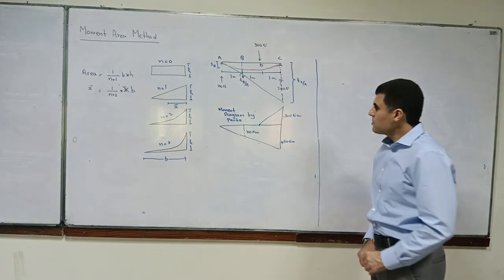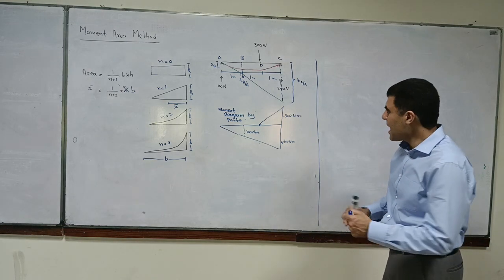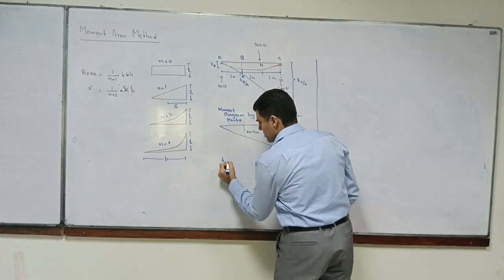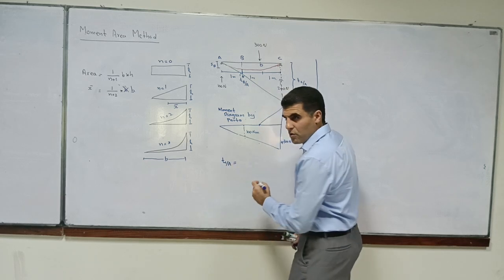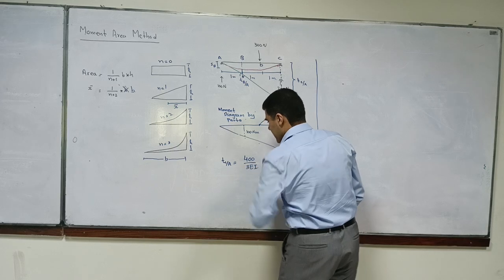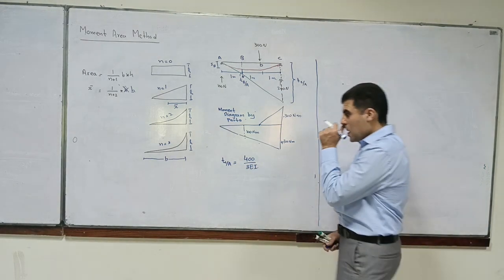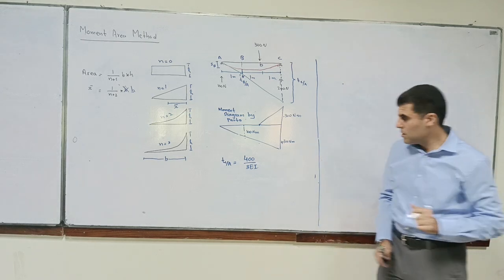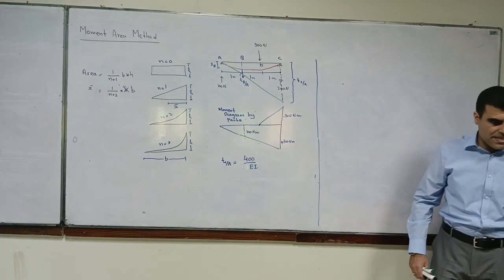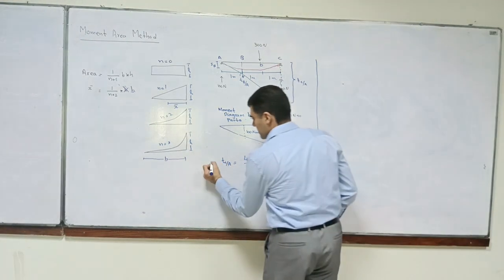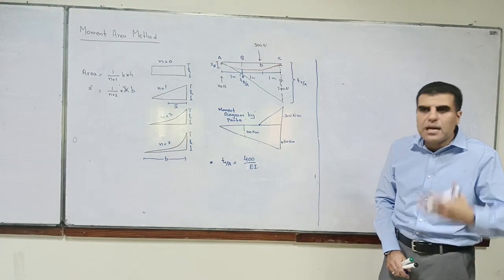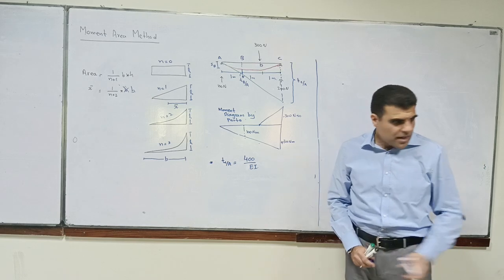What was our TC by A? 400 over EI. We have to work out our delta in terms of x.